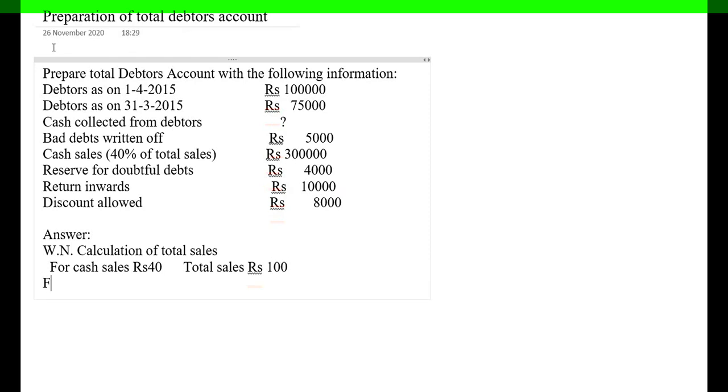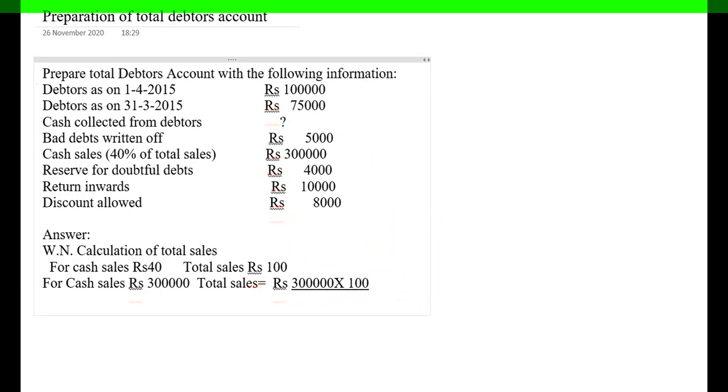So for cash sales of rupees 3 lakhs, total sales equals rupees 3 lakhs into 100 divided by 40.